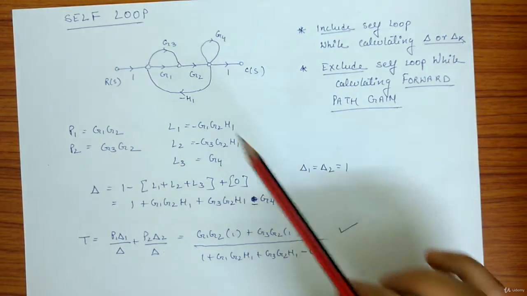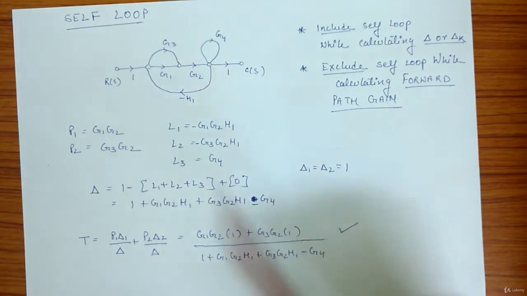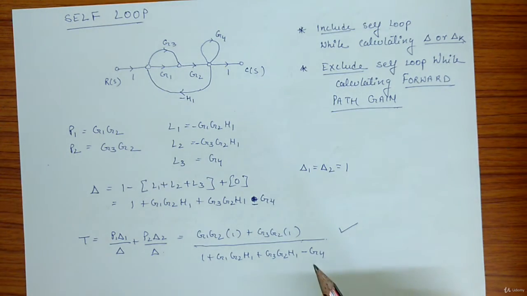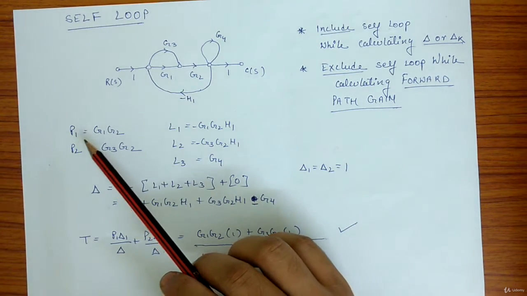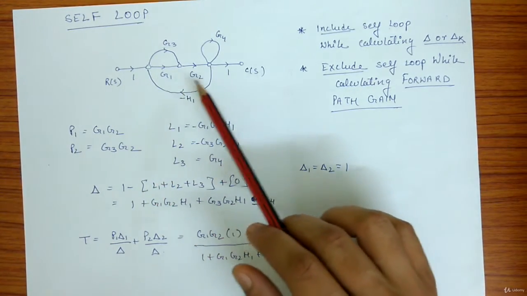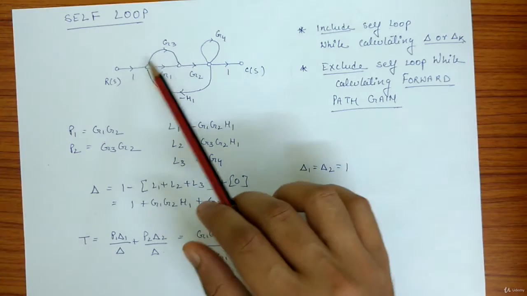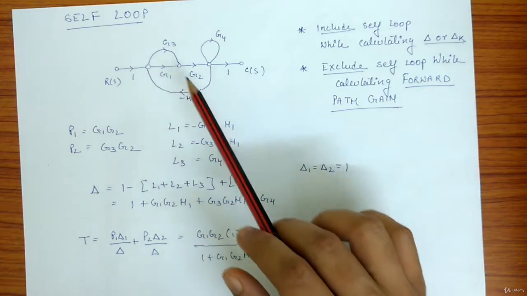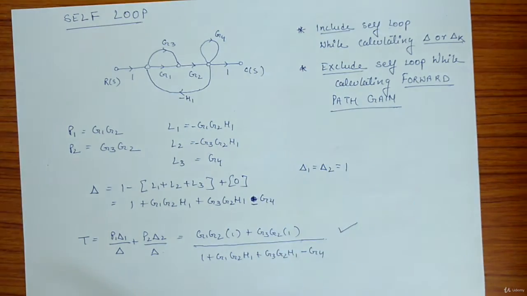So that is why we preferably omit this loop when we calculate forward path gains. So you can see here I have written P1 is equal to G1 G2, and P2 is equal to G3 G2. Okay, so completely ignore the self loop.